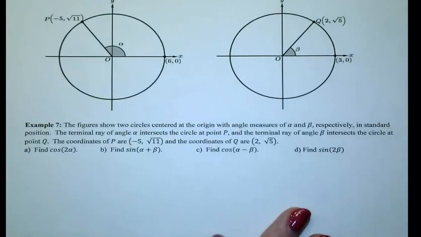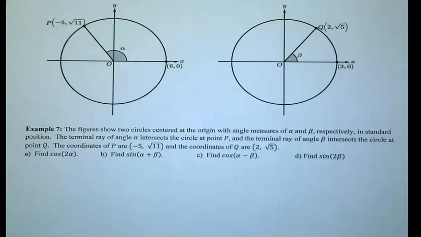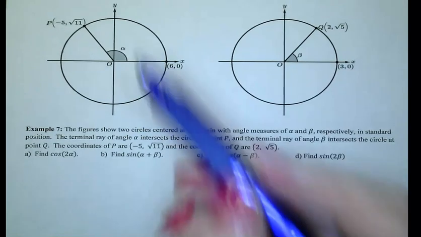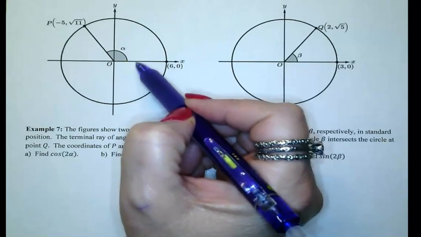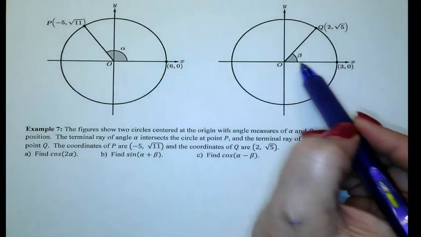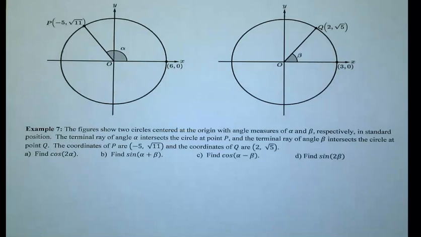All right, so let's see. We've looked at a lot of identities. I have 2 circles here. This is angle alpha, which goes from here to here. This is angle beta, which goes from here to here.